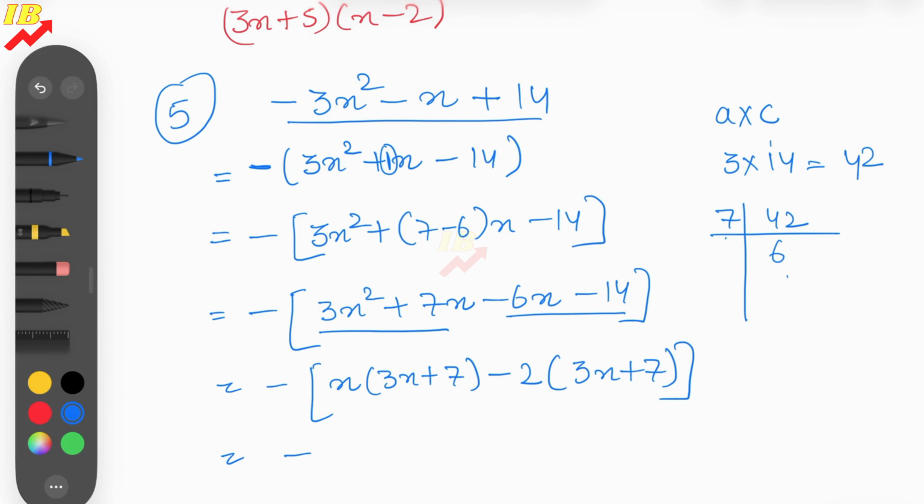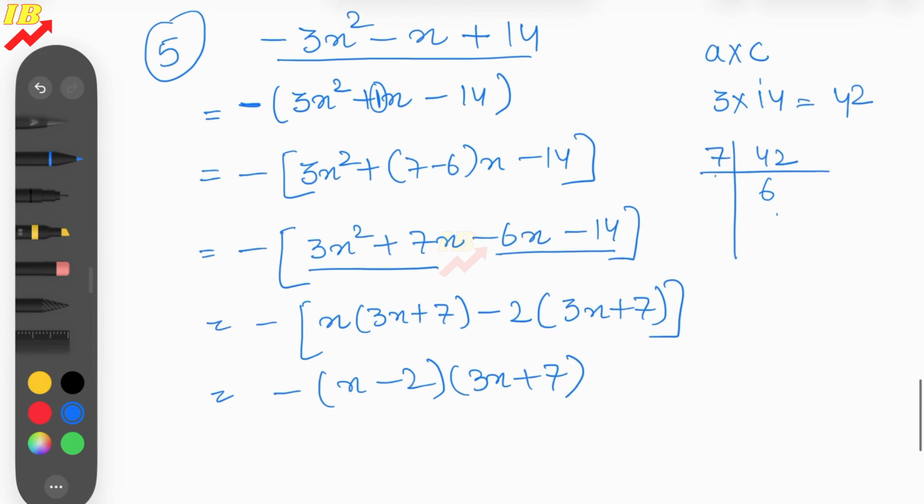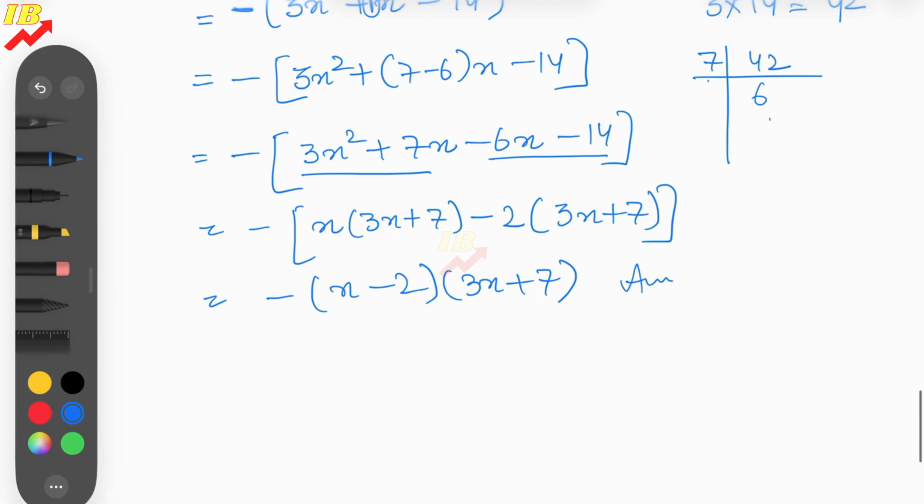So my answer is (x − 2)(3x + 7), like this. So that's your answer. There is no need of taking this negative sign inside, right? This can be your solution, or if you really want to take it inside, it can be written like this.